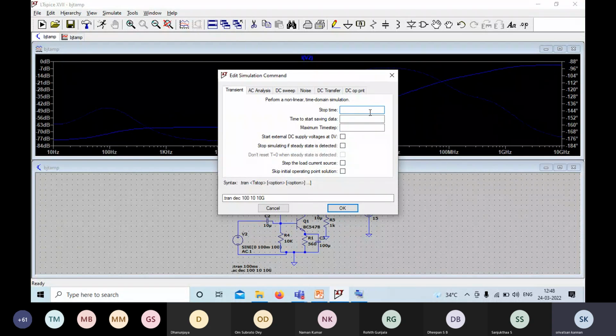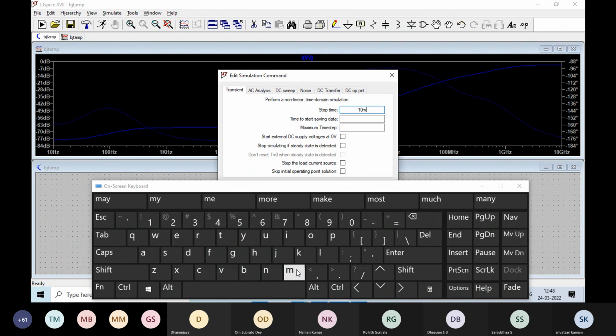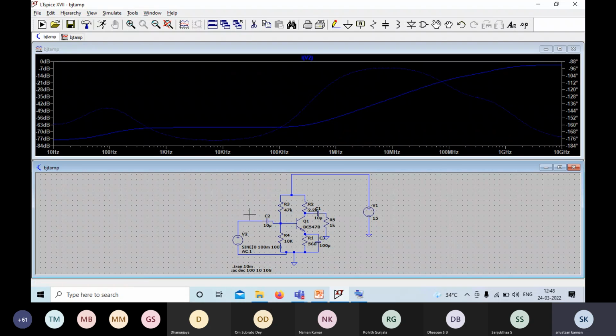Stop time is 10 milliseconds. Now I am connecting the input.